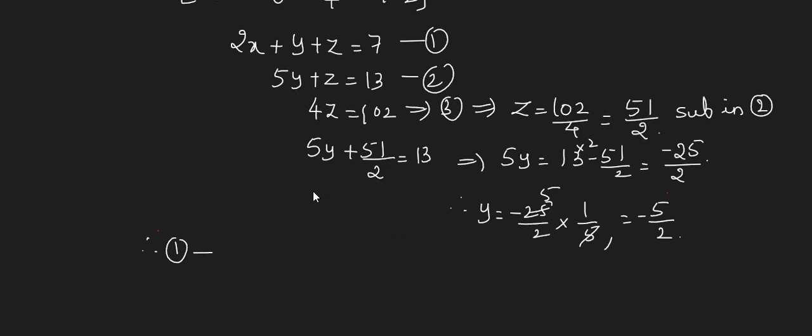Therefore, let us substitute these y and z values in equation 1. 2x, my y is minus 5 by 2, my z is 51 by 2, equal to 7. So 2x will be equal to, you can check here, what is 51 minus 5? 46, no? 46 divided by 2 means 23.